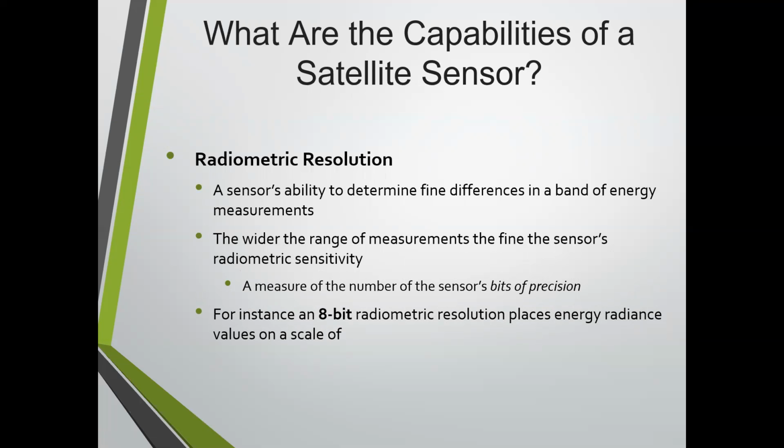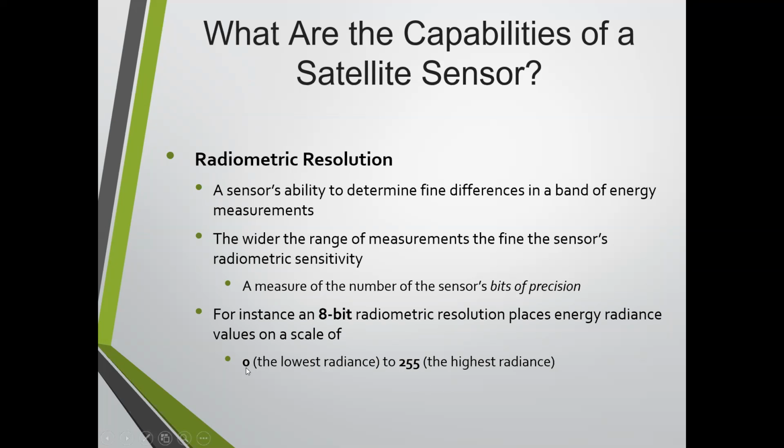So for instance, in an 8-bit radiometric resolution, what that's going to do is place your radiance values on a scale from 0 to 255, because the 8-bit refers to a digital value where you're taking literally 2 to the 8th. So that's how you get the 256 numbers.